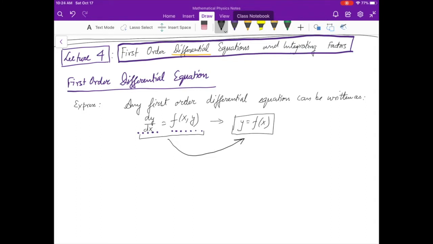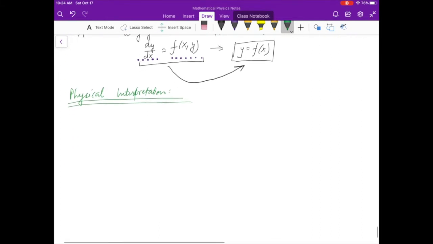Once we have achieved this workflow, we need certain methods to ensure that we understand what it physically means. So the physical interpretation of the differential equation, as we see over here. Then we check certain things and try to figure out what this really means.